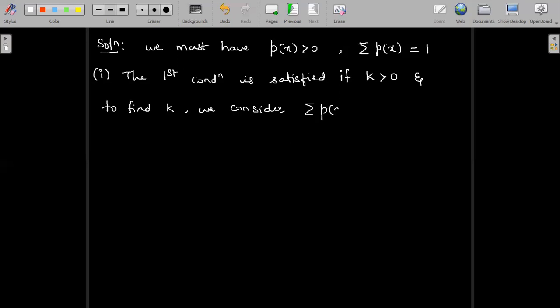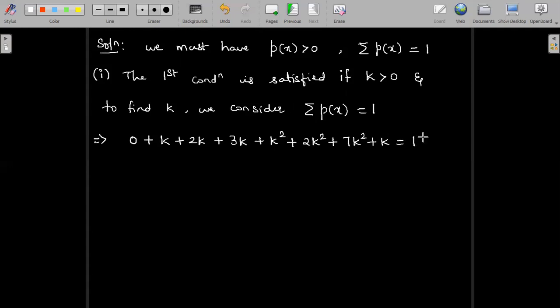So summation P of x is equal to 1 we consider. Let us sum up all the values of P of x. It is 0, k, 2k, 3k, k square, 2k square, 7k square plus k.